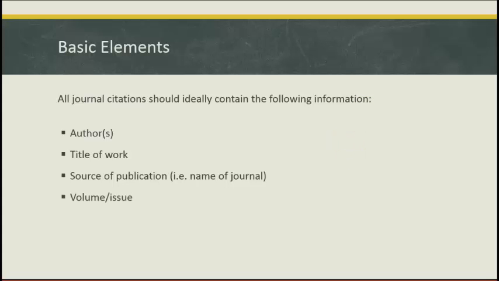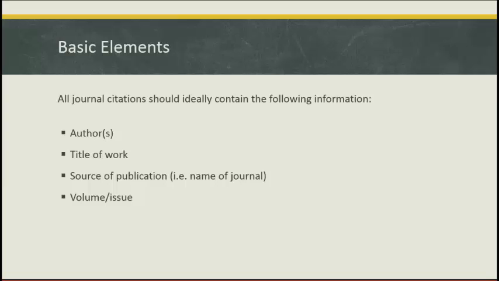So depending on the journal, some of them are published once a quarter, some of them are published monthly, some are just published once a year. Alright, so depending on how often it's published, that will be the issue number. The volume number is the year that it's published. So the first year that a journal is published, it'll be volume 1, and then the second year would be volume 2.